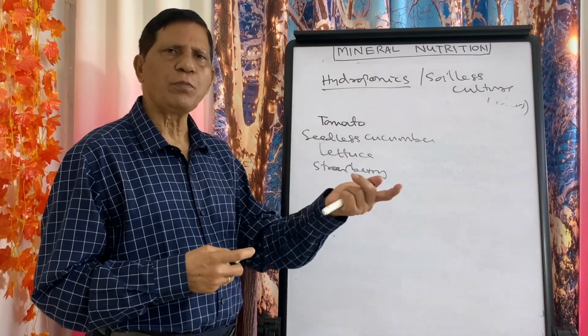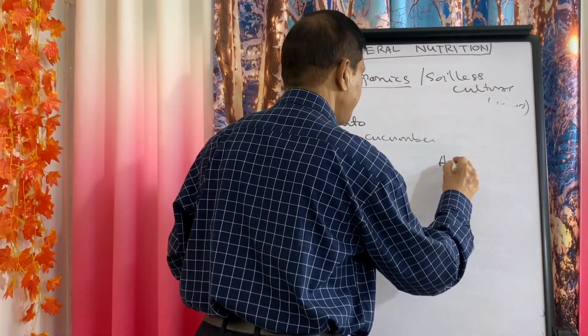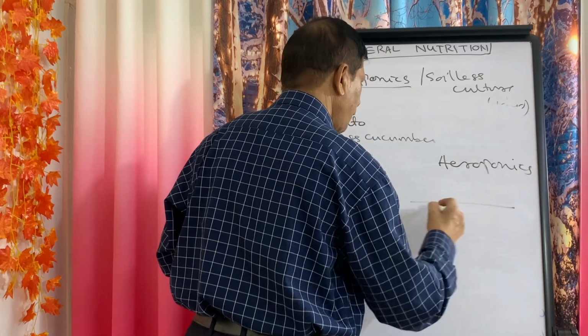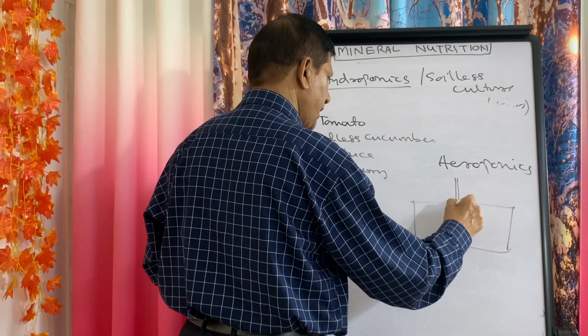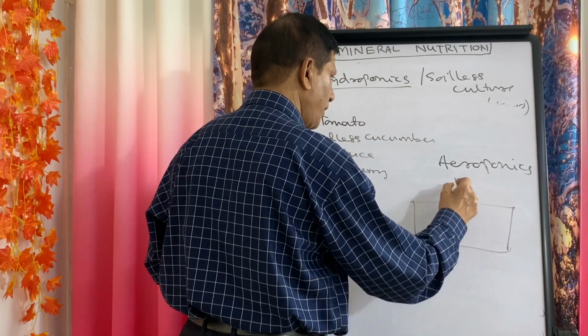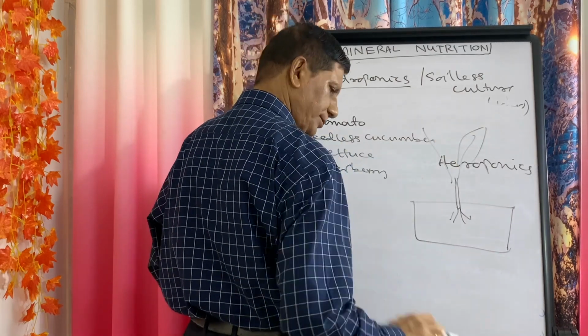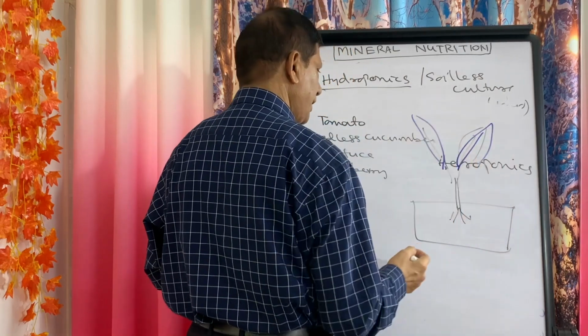There is also aeroponics. In case of aeroponics, simply we have to take one box and the plant is to be inserted with the help of a hole, and this is the plant body.